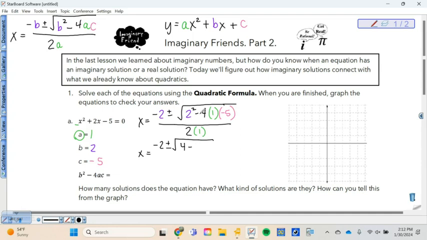But then I'm going to subtract negative 20. And then I have this 2 times 1, that's just 2. And when I have 4 minus negative 20, that's just 4 plus 20. So now I have negative 2 plus or minus the square root of 24 divided by 2.